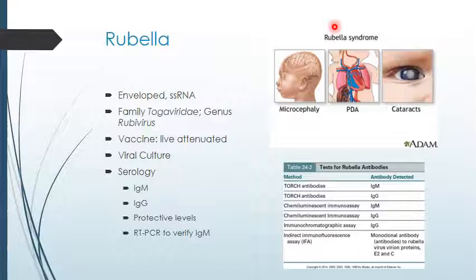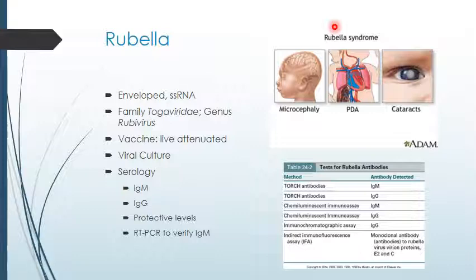Not in all of them, but if you get it, you'll get this rash. And the difference with rubella or German measles is instead of the trunk being first, it starts on the face and then it moves to the trunk. But that rash will take about 3 to 5 days and go away. You'll have a fever, a little swollen glands, the whole thing that seems like an upper respiratory infection.